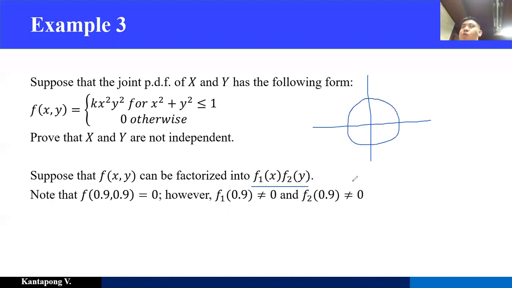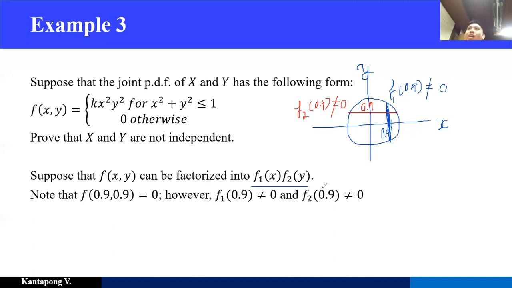You can see that if x is equal to 0.9, then f1 here is surely not equal to 0, because there's some area here. And similarly, if y equals 0.9, f2 of 0.9 is not equal to 0 also.